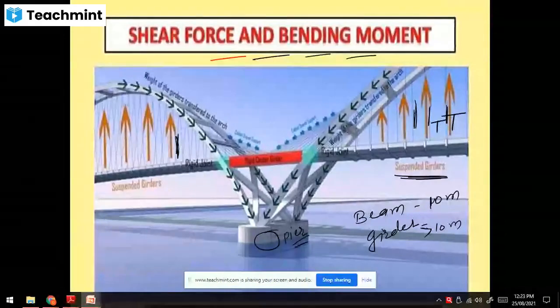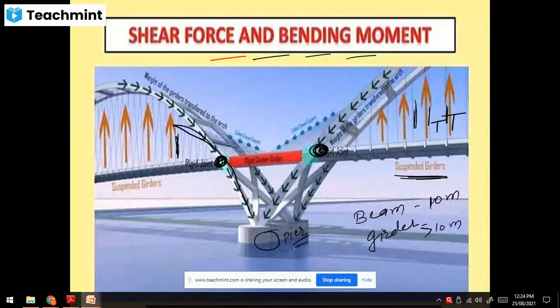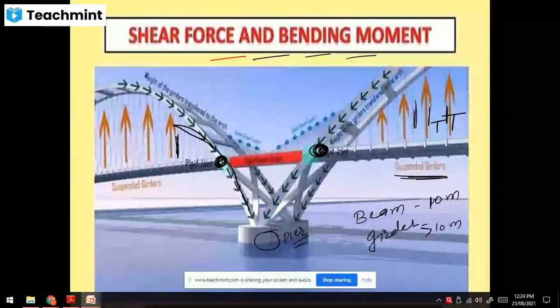So this is your rigid joint. It is nothing but a fixed joint, a rigid joint, which will transfer the moment as well as axial forces. Whatever the weight of the girder is, it is transferred through the arch, and the arch will transfer the weight of the girder to the pier. The pier will transfer it to the foundation.